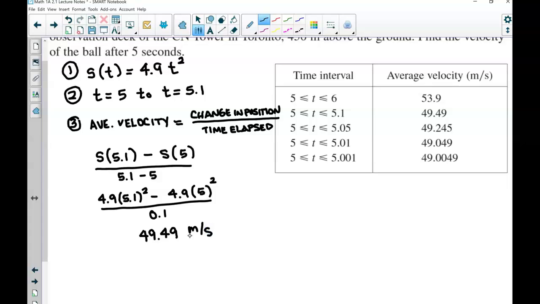If you take a look at this table, this is our interval, similar to what we did in our previous example. We were trying to find the values in a brief time interval of 1/10 of a second between 5 and 5.1, and we determined that the average velocity over that interval is 49.49 meters per second.